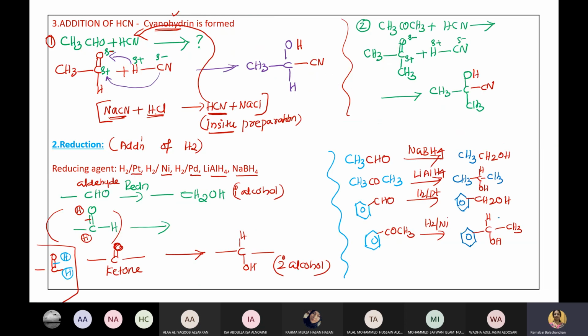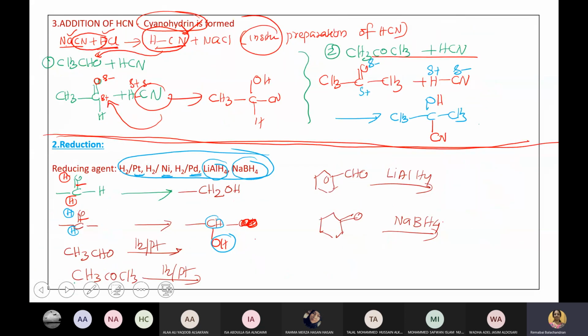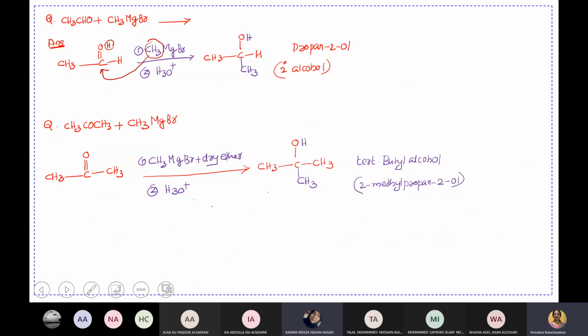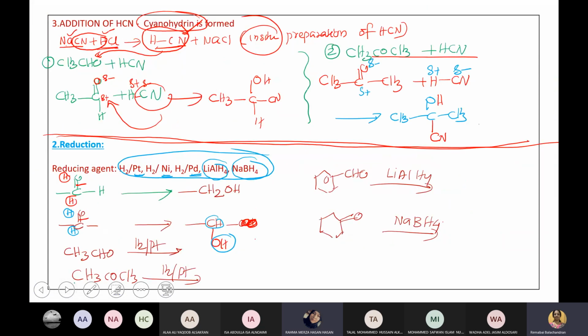Now, so in short, CHO will become, come on, tell me, CHO will become CH2OH. So tell me the product. This CHO will become CH2OH. This CO will become, what happened?